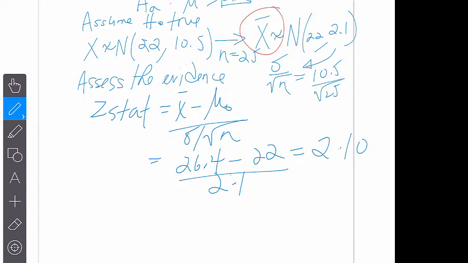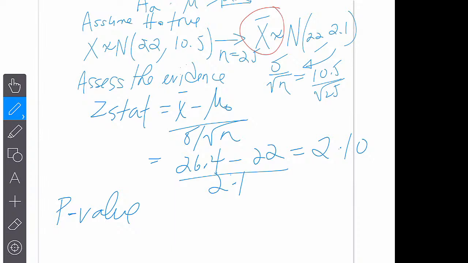All right? All right. Now what? The p-value. Draw a picture.